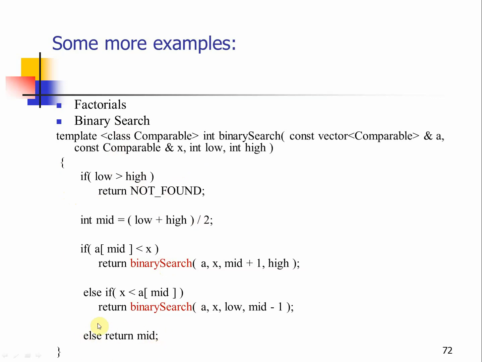This is another base case: when it hits the same value, we return the index. Of course, the general case in this scenario also has two of those. This is one general case, and this is another general case. So this program is actually very interesting. It gives you two base cases and two general cases. That's something you really need to understand when you look at a recursive function.